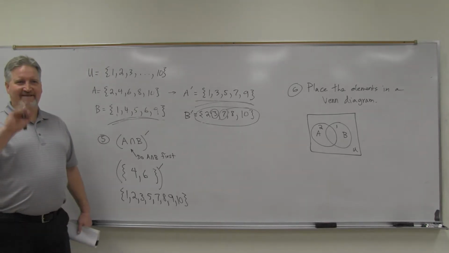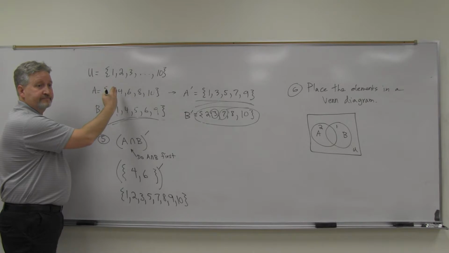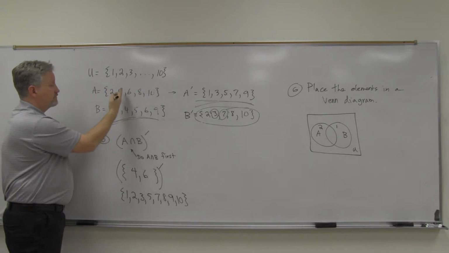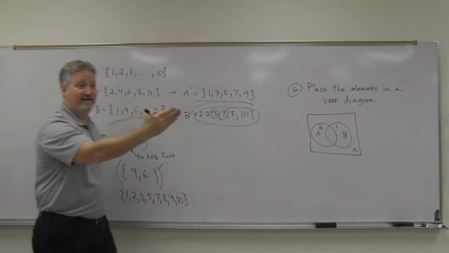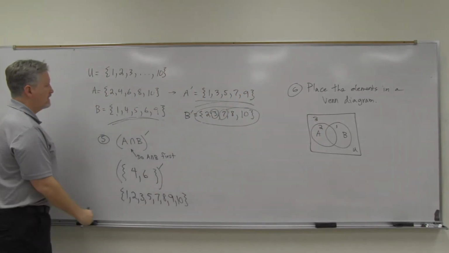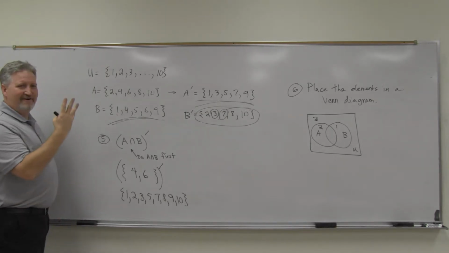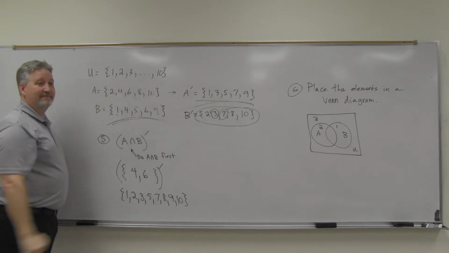Now what about 3? Because I'm going 1 through 10, I got to do all of these. Where does 3 go? It's not in A or B. It's got to go on the outside, doesn't it? Somewhere just on the outside. What about 4? It's in both of them. Where would it go?